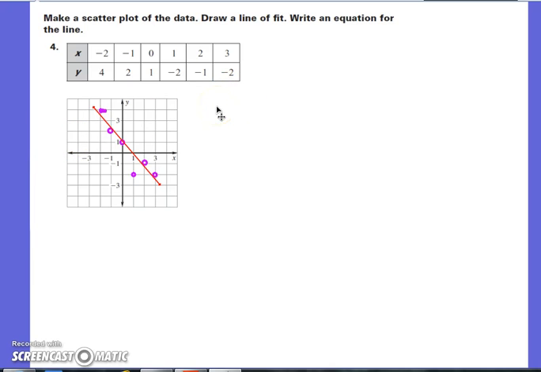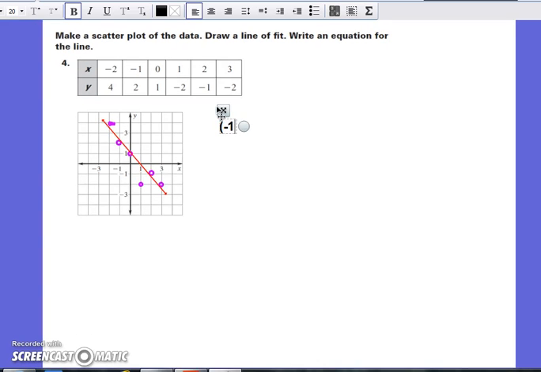I'm going to pick the point negative 1, 2, and I'm also going to pick the point 2, negative 1.